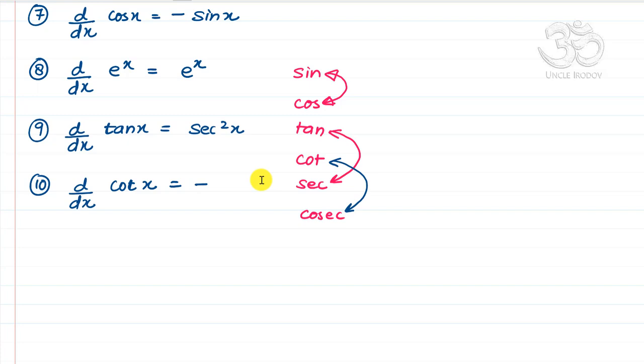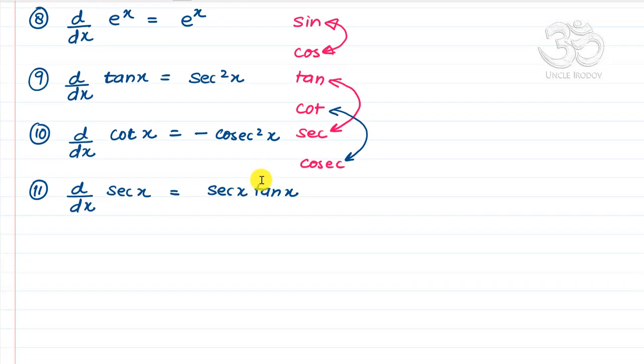So d by dx of cot x will be minus cosec square x. The only thing is there will be a new minus sign, that's all. And then you will have d by dx of secant x, and that goes to secant x tan x. Okay.